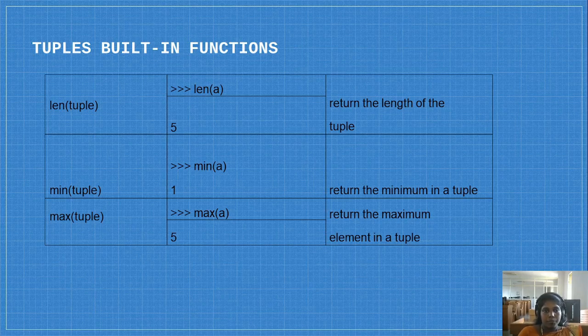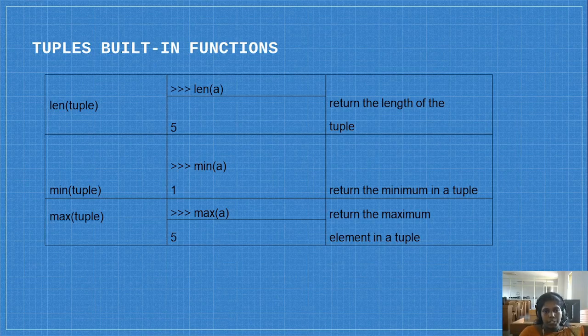Then another function, the min function. The min function returns the minimum value, the lowest value present within the tuple. If I want to identify the smallest value present in the tuple, I can call min(A), where A is the tuple name. So here it returns the value 1.